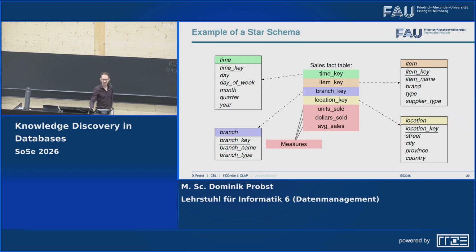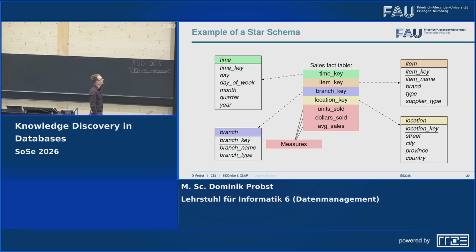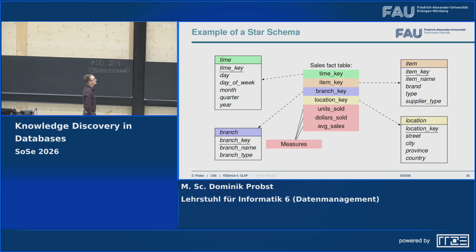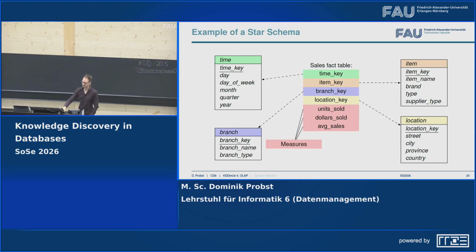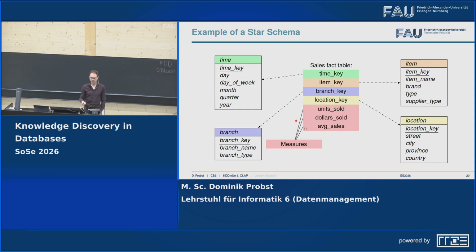An example for a star schema would be this, where we have one central fact table with all the measures in here, so the data we want to aggregate. In this case, we have units sold, dollars sold, average sales as facts we can aggregate. And then we have 4 dimensions: time, branch, item, location.